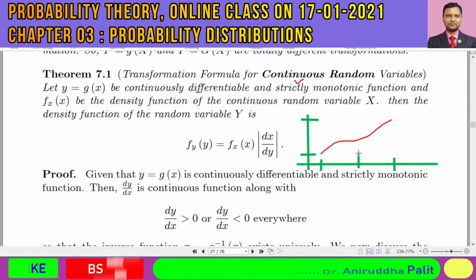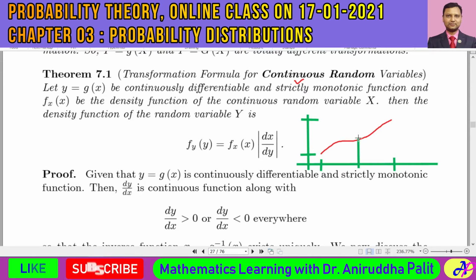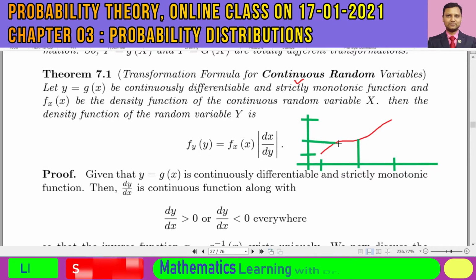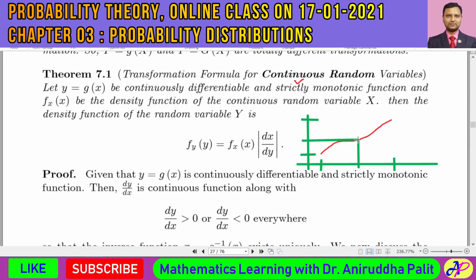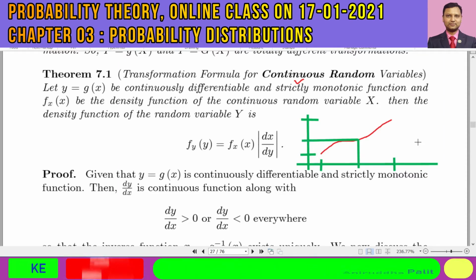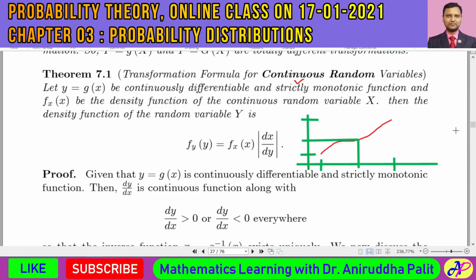Okay. Now over here, in case of a monotone function, a very important property is that corresponding to each value of x we get one and only one value of y. That is the main property of a strictly monotone function, whether it is monotone increasing or decreasing, it doesn't matter.